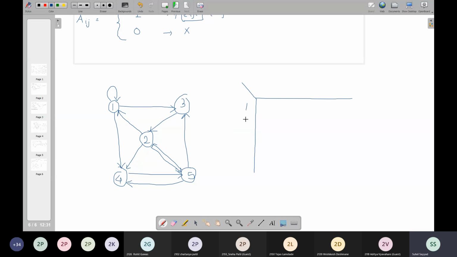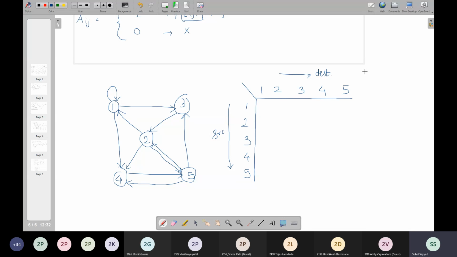So I have all my vertices 1, 2, 3, 4 and 5, and all the vertices here in the column definition also, 1, 2, 3, 4, 5. Now these vertices over here are treated as source vertices, and these vertices in this dimension are treated as destination vertices. Why do I need this distinguishing factor?